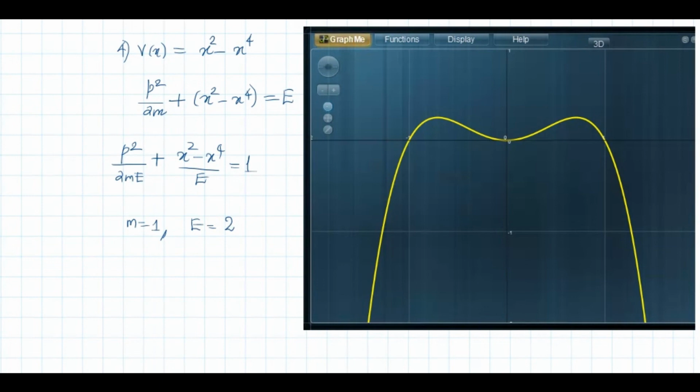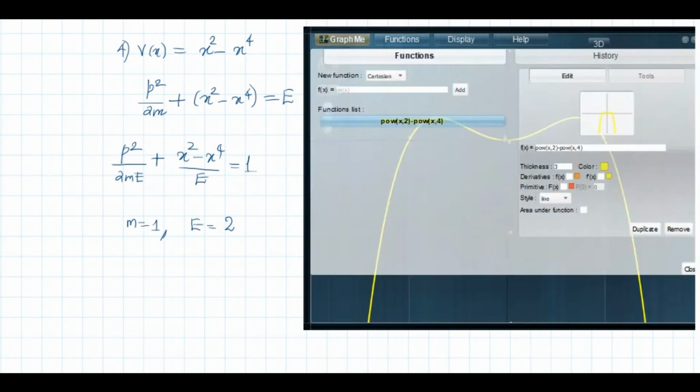Then the graph will be something like, you have to take implicit function plot, where p is y: y square divided by 2mE becomes 4, plus x square minus x to the power 4 divided by E, which is 2, equal to 1.